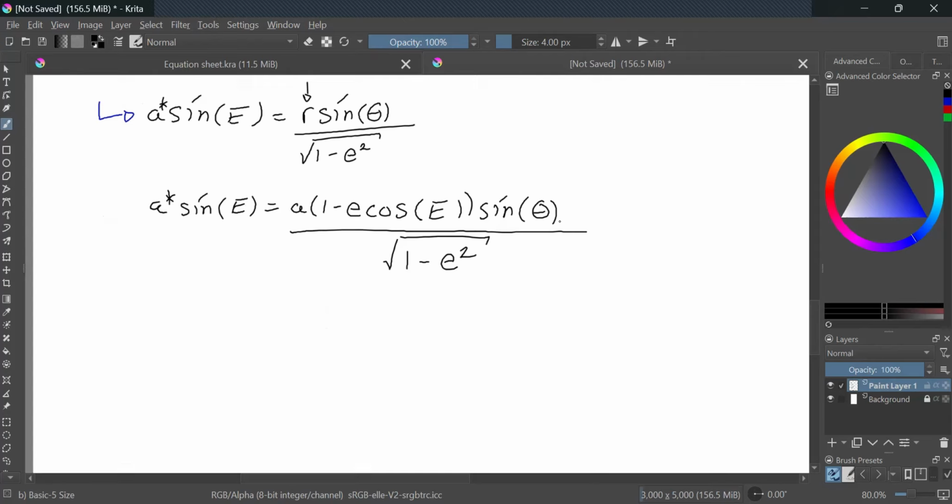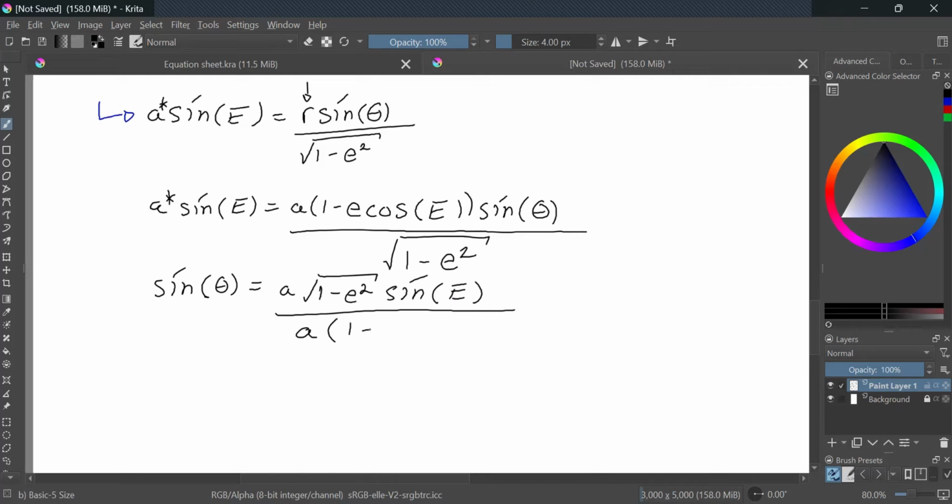Since we have sine of theta over here, the sine of theta is equal to a times the square root of 1 minus e squared times the sine of our eccentric anomaly angle, all over a times 1 minus the eccentricity times the cosine of the eccentric anomaly angle.